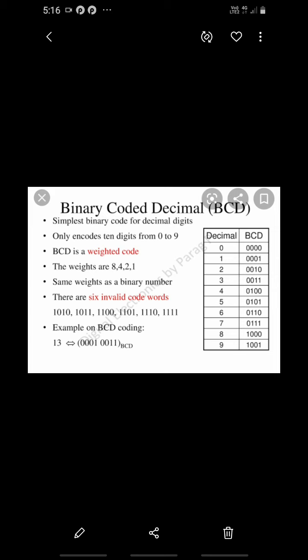The weights are 8421, the same weights as a binary number. There are 6 invalid code words.